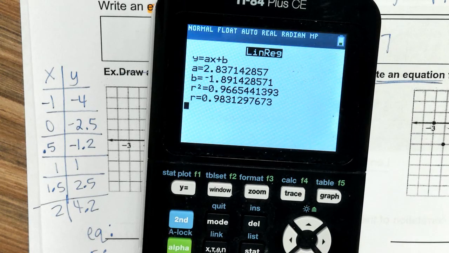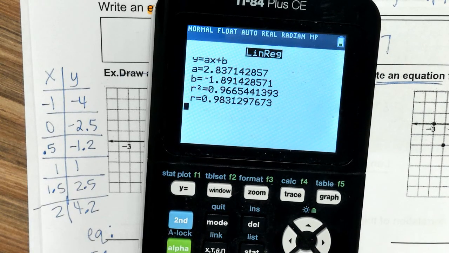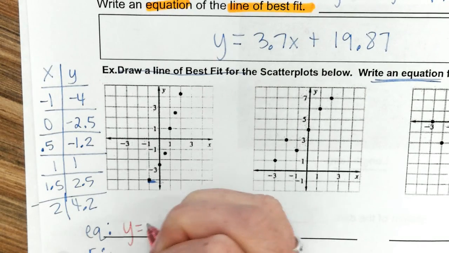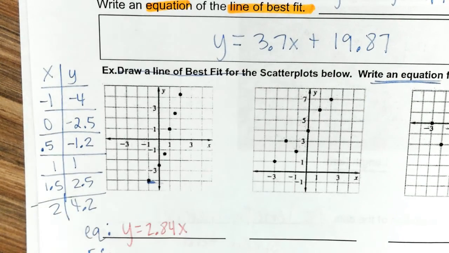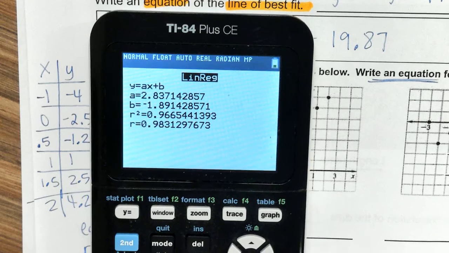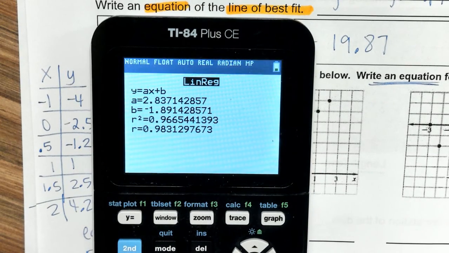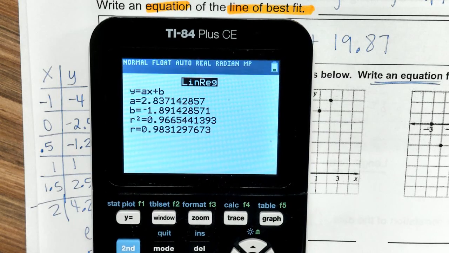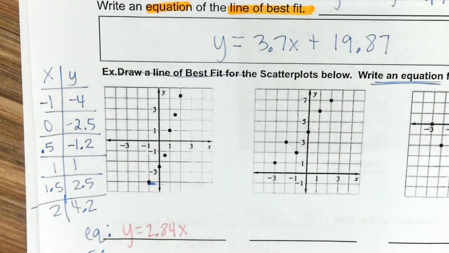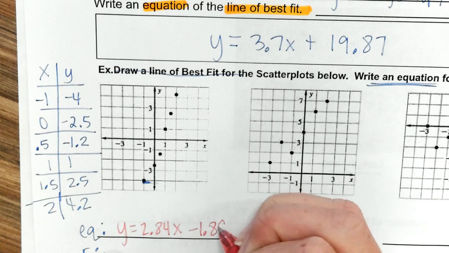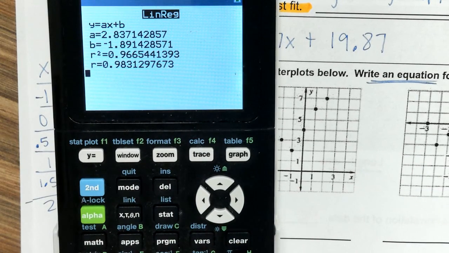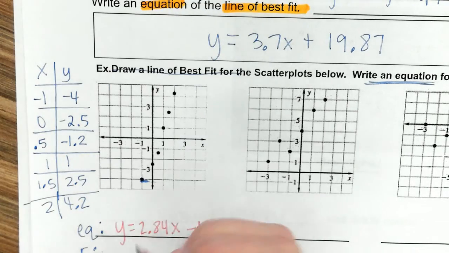So y equals 2.84x minus, somebody? 1.9. I'm rounding to the hundredths. 1.89. What is the R? 0.98.